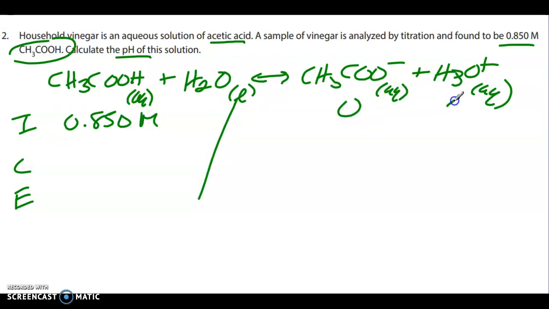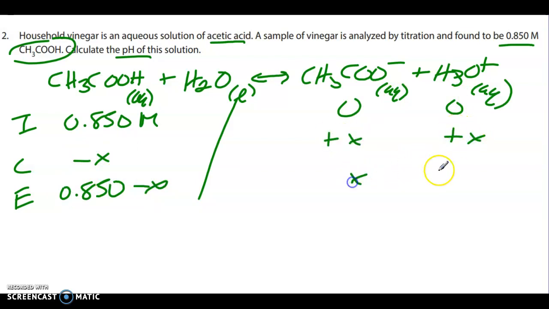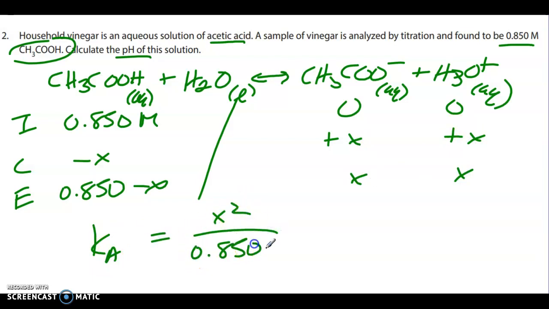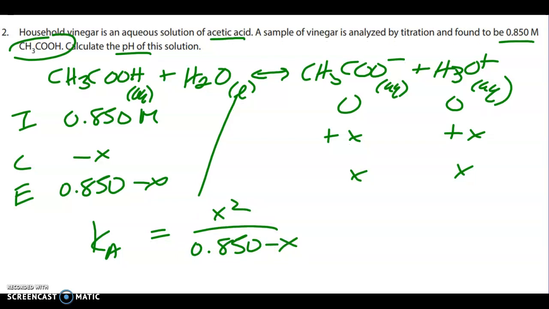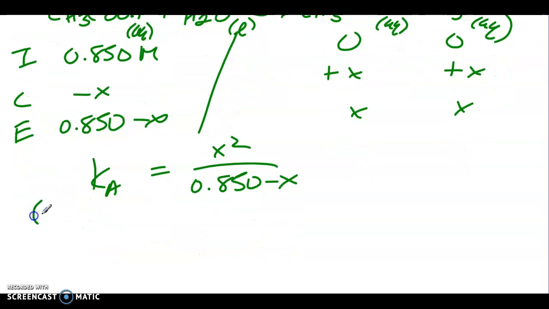We don't care about water, so this is minus X, 0.850 minus X, plus X, X. Right, so our Ka expression is going to be X squared over 0.850 minus X. And the Ka value, which again we can look up at the back of the book, is 1.8 times 10 to the negative 5 for our acetic acid.